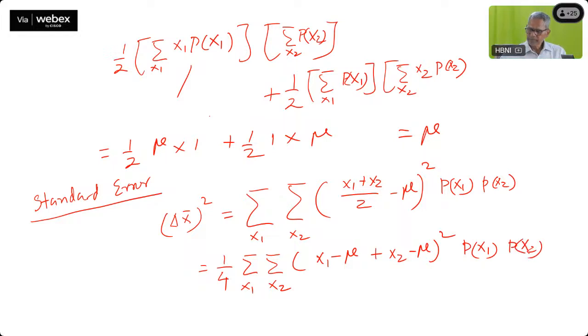Yes. This you can write 1 by 4 of x1, x2, plus mu square.